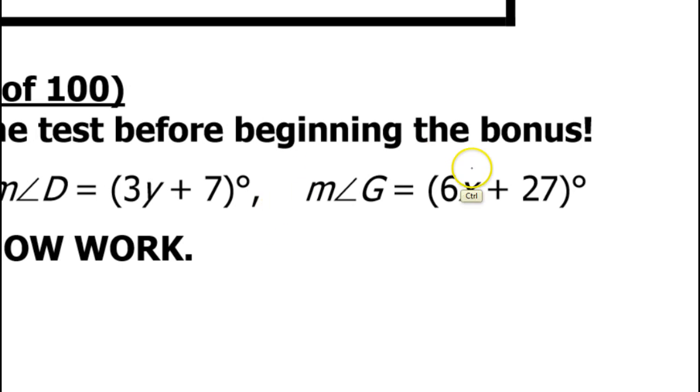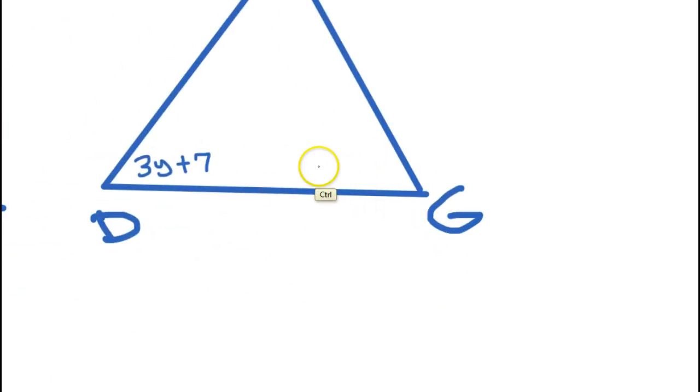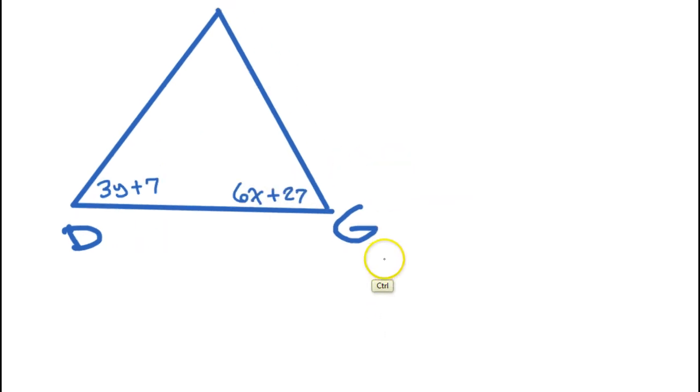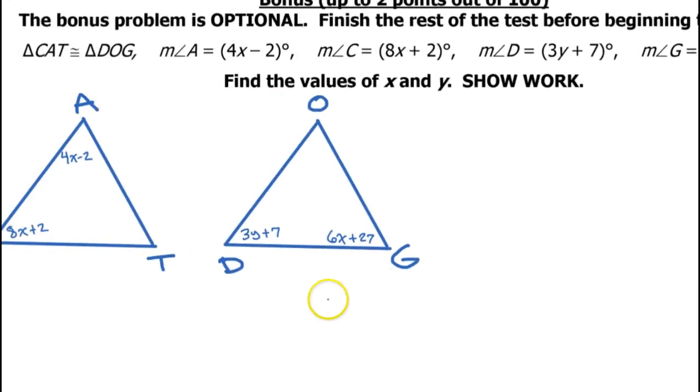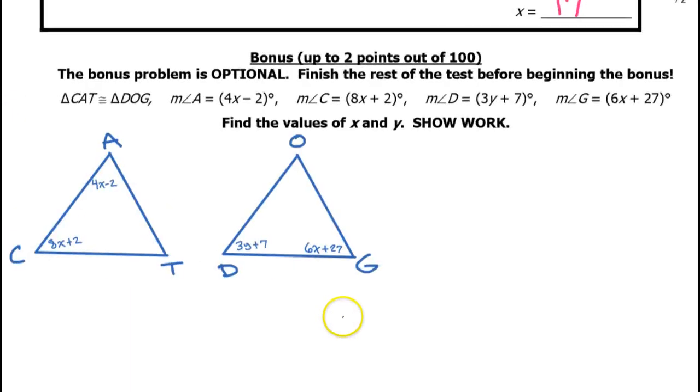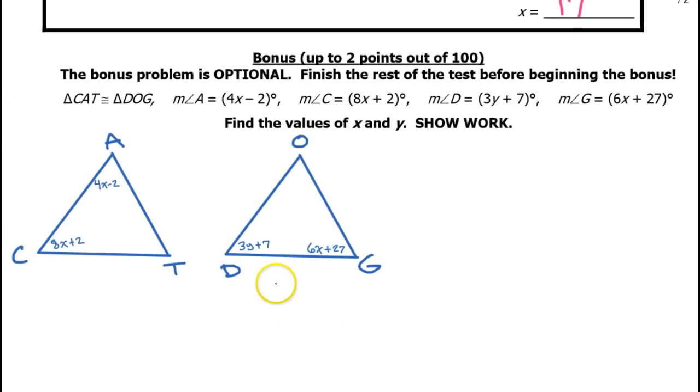And G is 6x plus 27. All right, ultimately we're supposed to find the value of x and y.